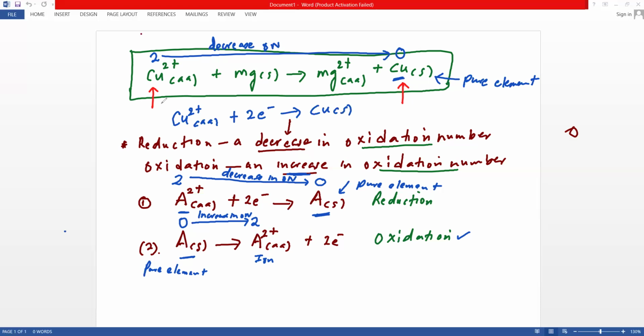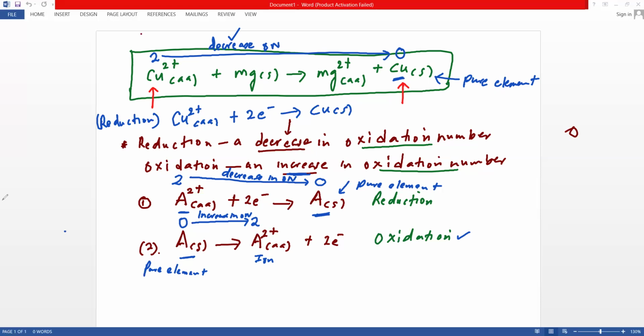So the copper ion has undergone reduction, because we know reduction is the gain of electrons. If there's a decrease in oxidation number, then the reaction has undergone reduction, which means the gaining of electrons. Oxidation number and electrons are kind of inversely proportional. If a substance gains electrons, then its oxidation number should decrease.